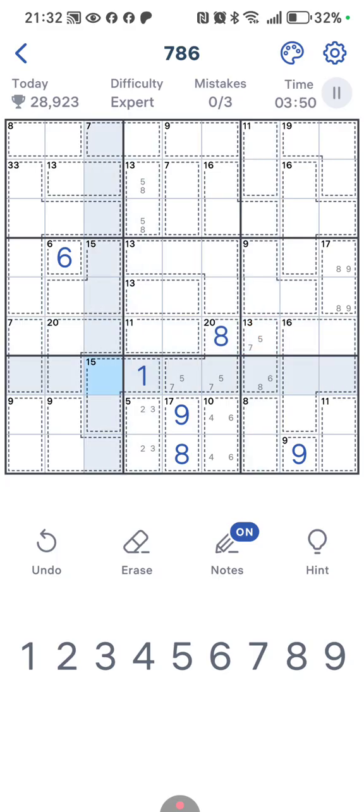So, for instance, this 1, this is 14, so it's going to be 6, 8, and 9, so it can't be 5. This is going to be 5, 6, and 8. What else? If this can't be 8 or 9, this has to be 4, 5, 6, and 7.